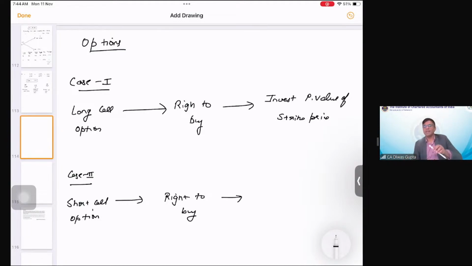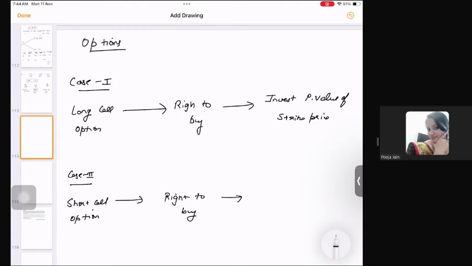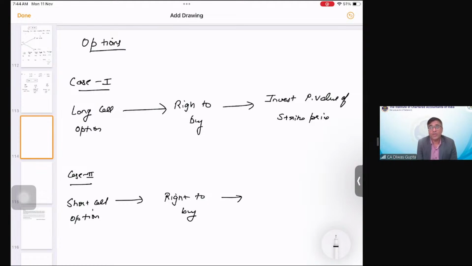Now, can anyone tell me, if tomorrow the option is exercised, what action will happen, and to complete that action, what should I do today if I have done a short call option today? I will have to sell at strike price. That's why I will get money in future. I will get money in future, but what should I do today so that the contract gets executed? Borrow.